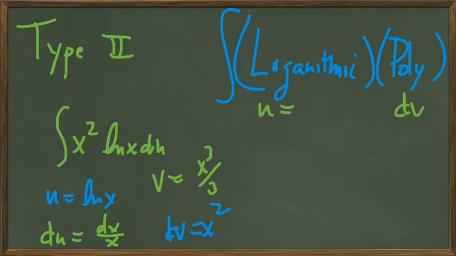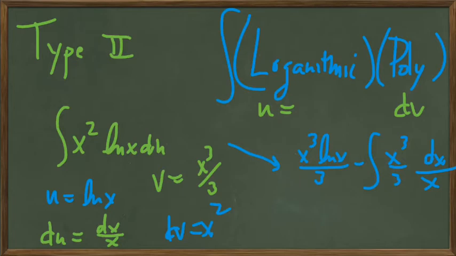So we plug this into the parts formula and get uv, which is x cubed ln x over 3, minus the integral of v du, and you can see that we're going to be able to do this integral because we're just integrating a polynomial. So if we rewrite this, we get what?